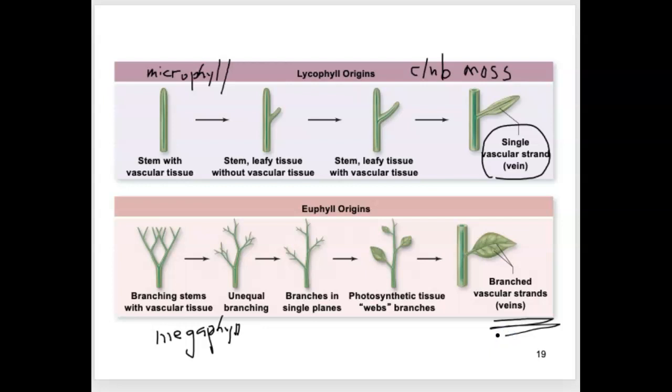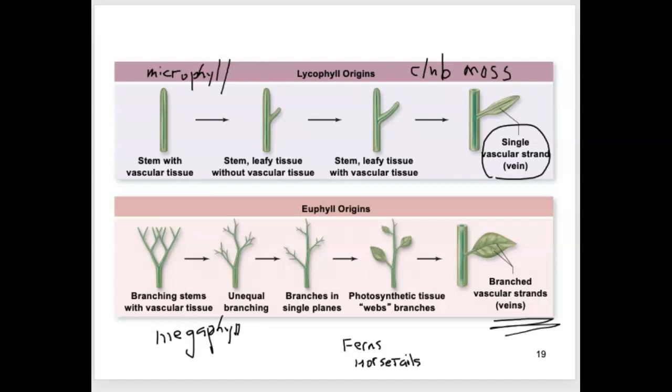So this is where we get into lots of other plants, things like ferns, horsetails. These are going to be some of the groups we will be discussing soon here. Horsetails, etc. So, okay. All right.